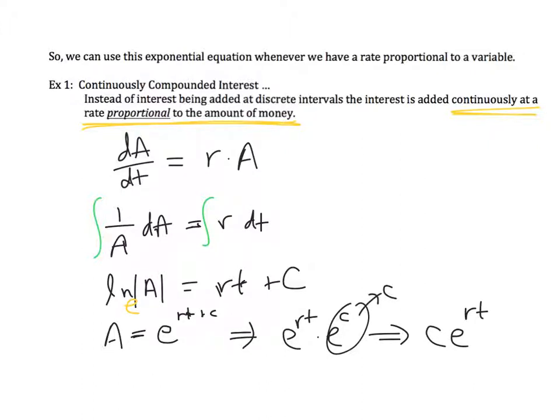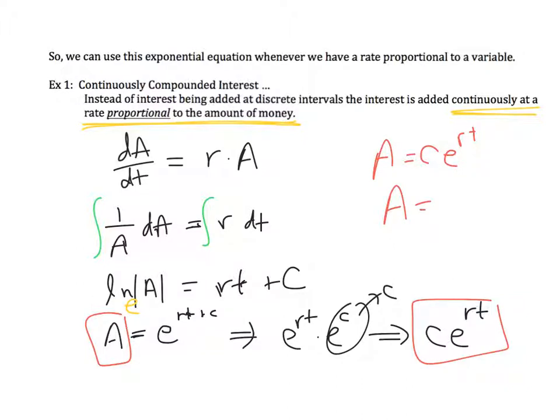That's just some constant. Okay, same process I just went through. Let's put that together. So I ended up with this. A equals C e to the rt. Supposing I took that constant of integration, unknown C, and changed that to a P because it's just some unknown, P e to the rt.